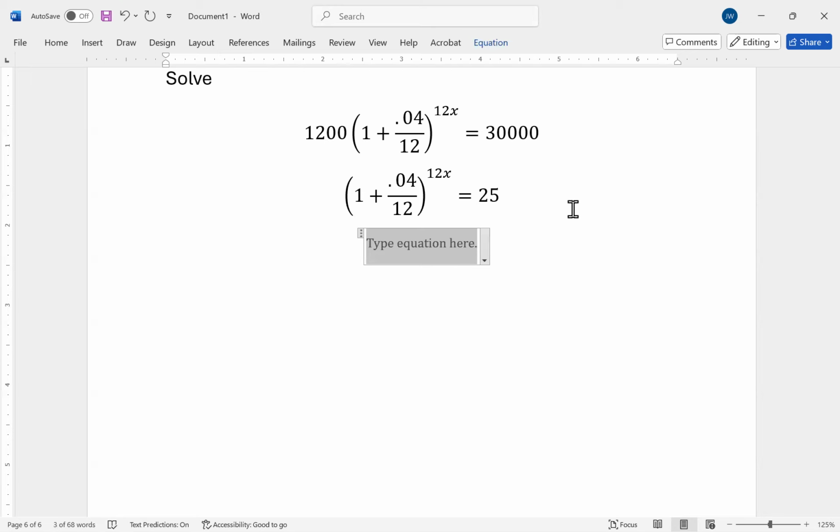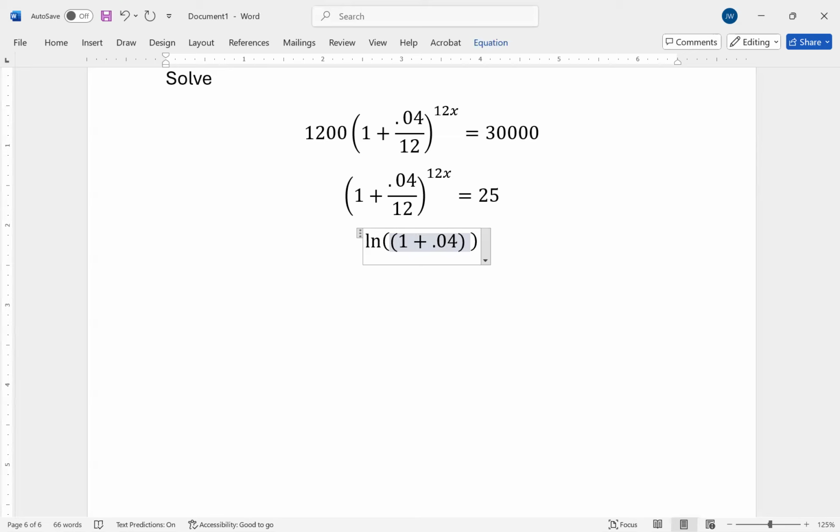Now what I would do is apply a natural log to both sides. You could apply a log base 1 plus 0.04 over 12 if you'd like, but it's probably just as easy to apply natural log to both sides. When I do this, be careful what you actually put in parentheses and what you don't put in parentheses.